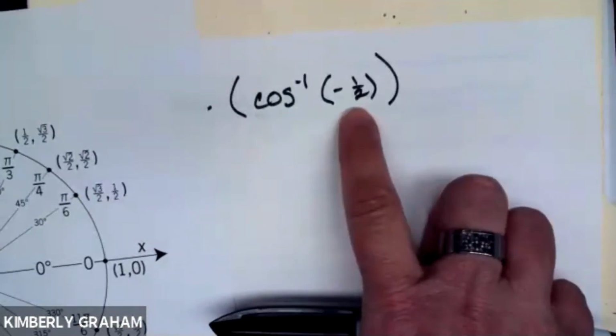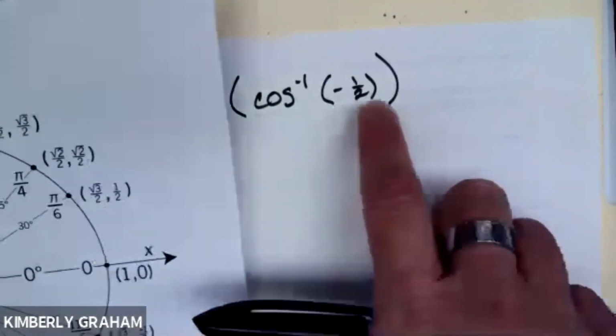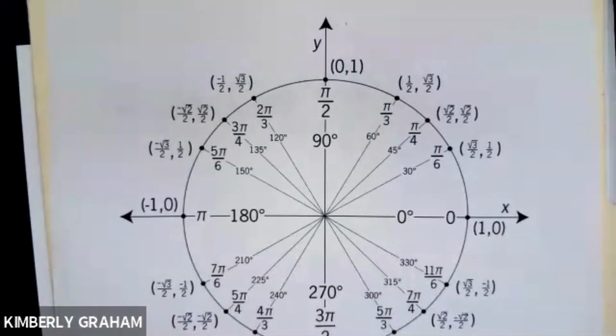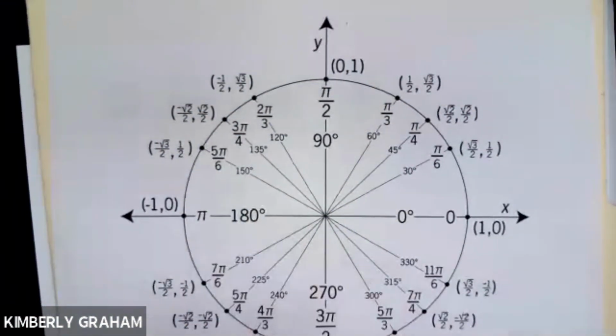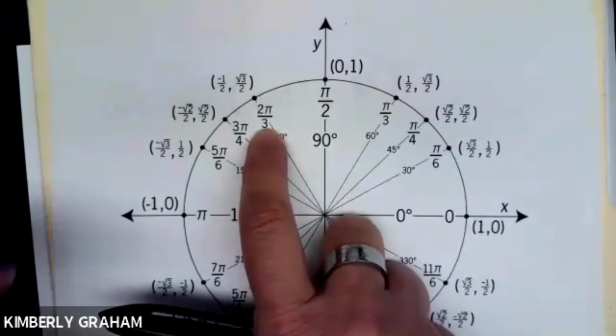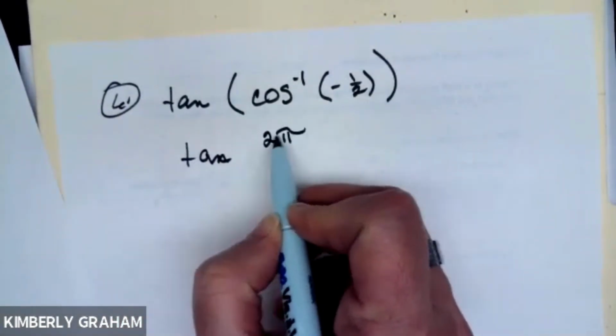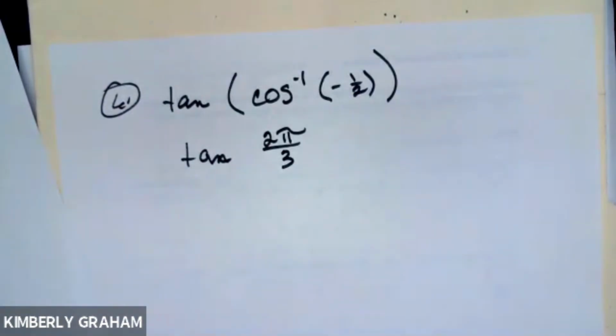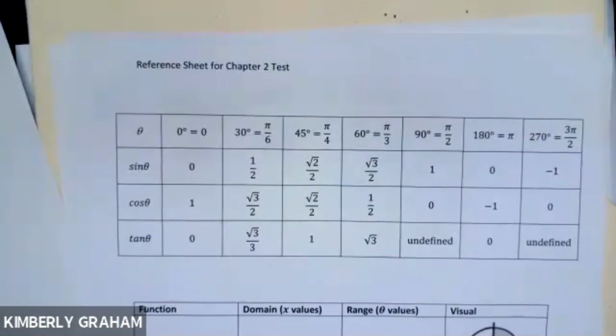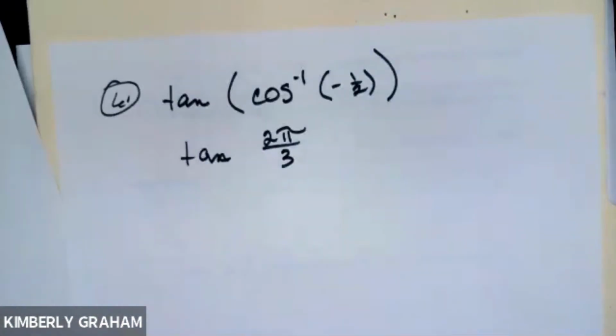And I want an x coordinate of negative 1/2. And that's going to be associated with 2 pi over 3. So I want the tangent of 2 pi over 3. Does that make sense so far? Well, the tangent of 2 pi over 3 is not on my exact value chart. So I have to go back to what I know about finding tangent.